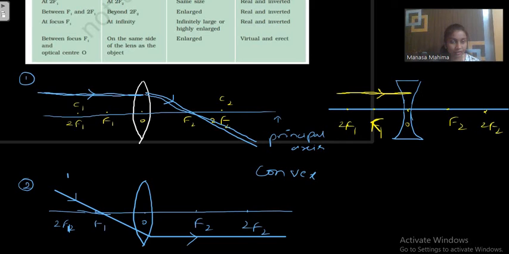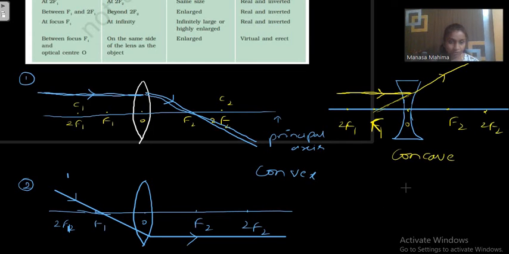As we know, it diverges the ray in this direction, and if we project this ray back, it meets the point F1. That means after divergence of this ray, if we extend back, it will meet at the point F1. This is the case you will see in a concave lens.